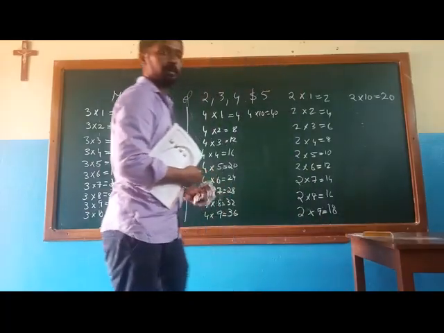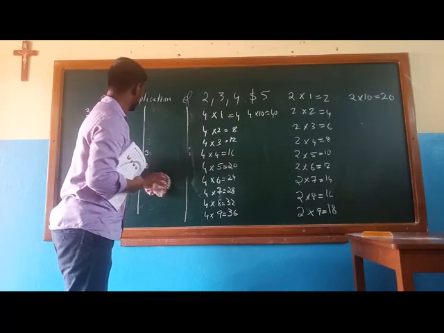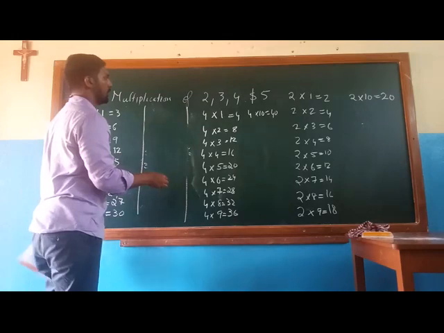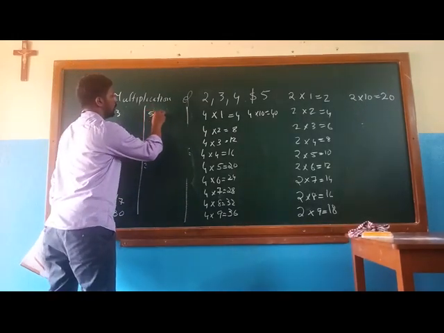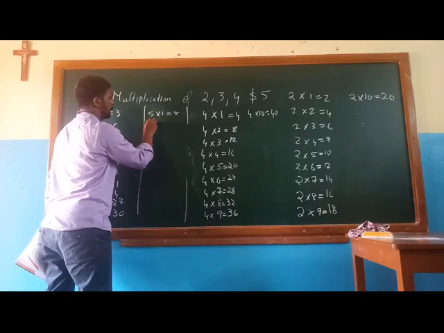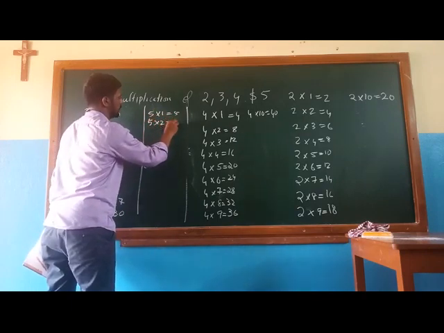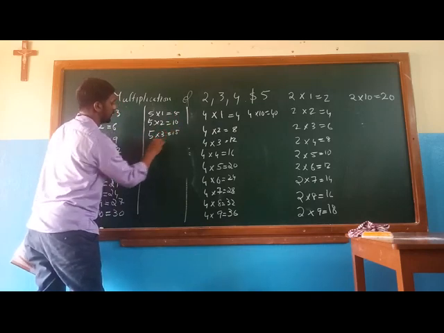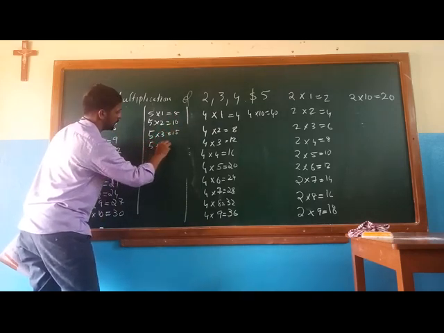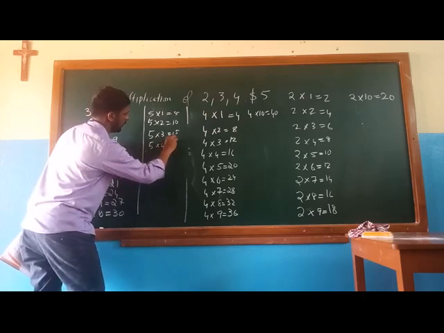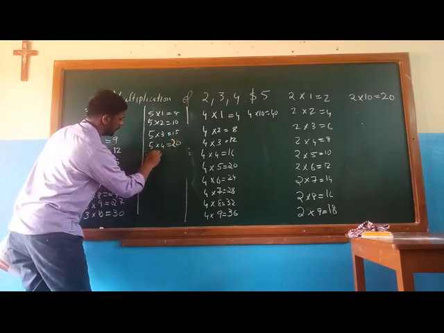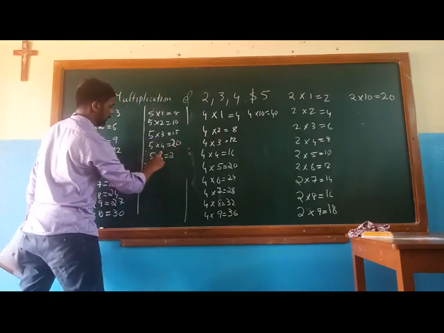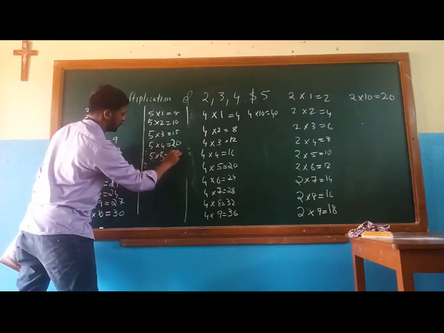So, dear students, we will come to the final number, that is 5. So, the final number 5, how do we start? Let us say 5, 1 time is 5. 5, 2 times is 10. 5, if you add for 3 times it is 15. For 4 times it is 20. For 5 times it is 25.